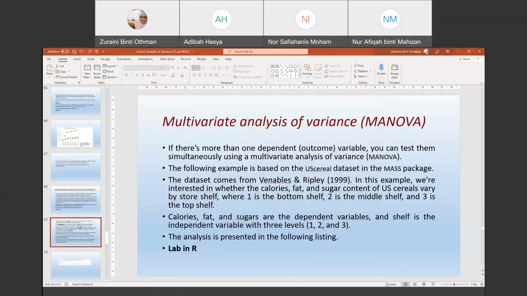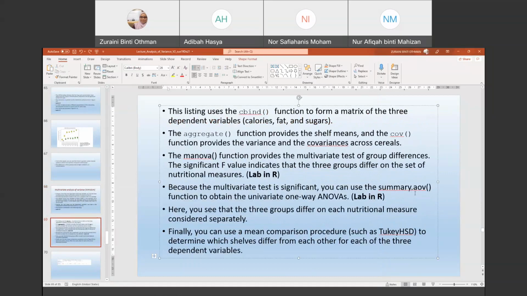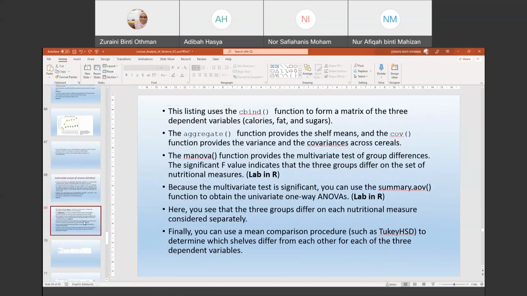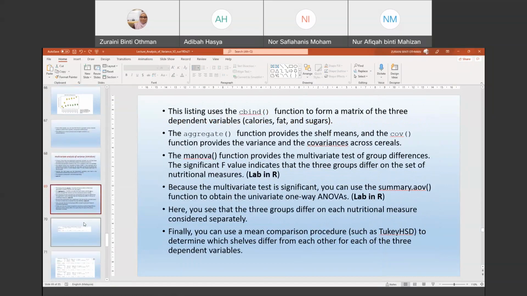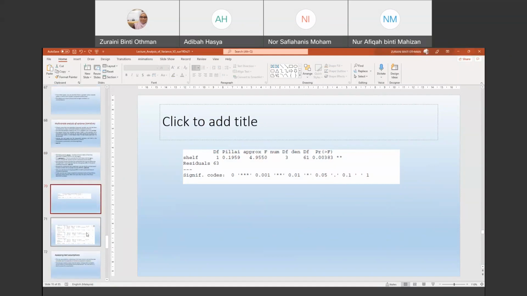This is what I explained just now, which is we are using summary.aov to identify the single punya apa factor, apa dependent punya tu. Okay. This is the result just now.